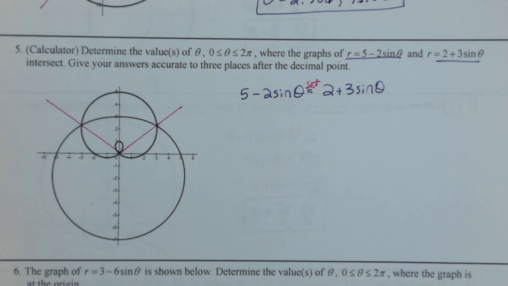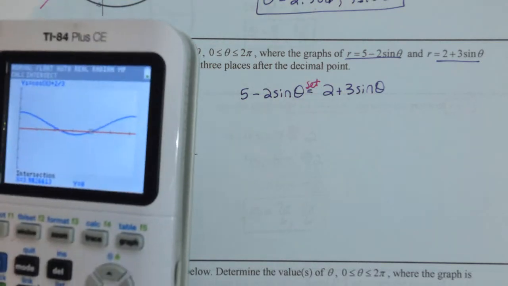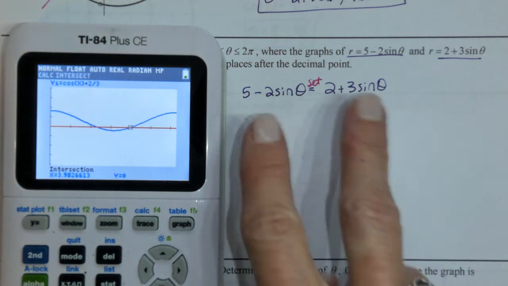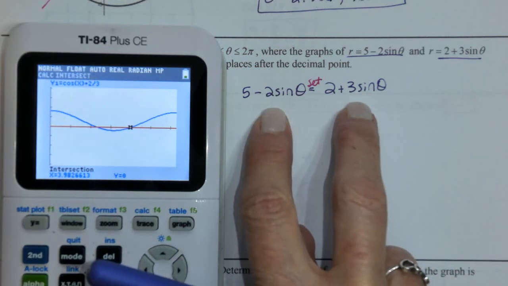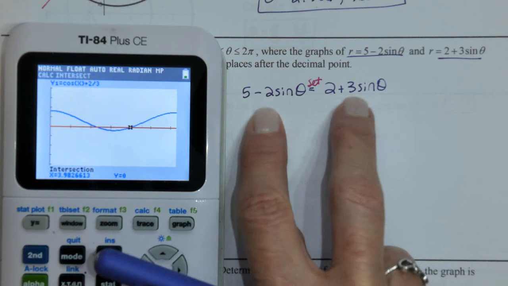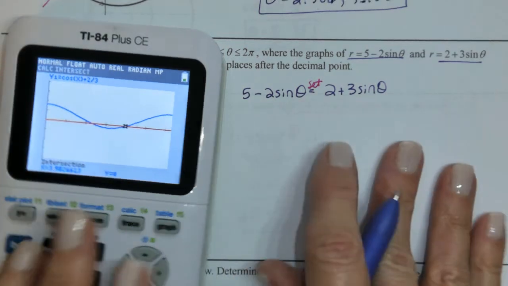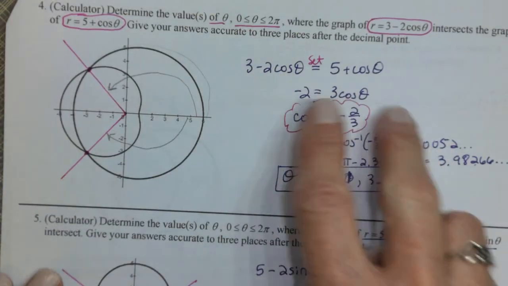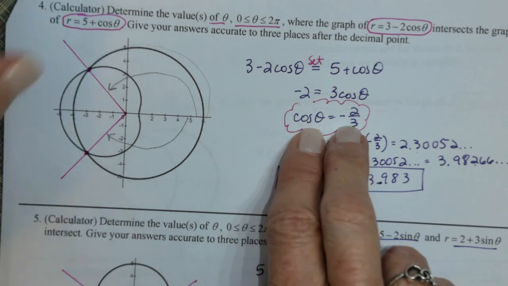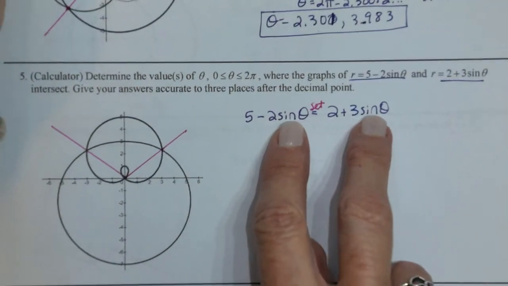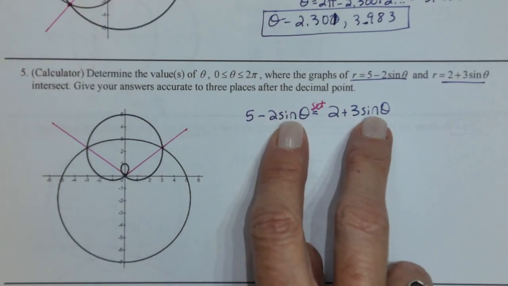Now, if we wanted to use the graphing method, I could just come in right now, don't do a single thing here like I did up here. Up here I went ahead and got cosine of theta by itself.